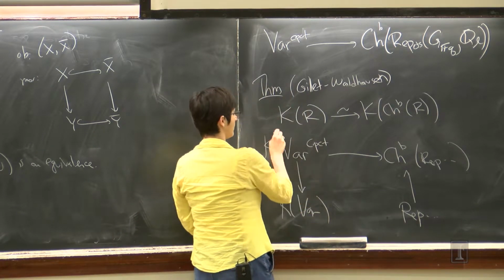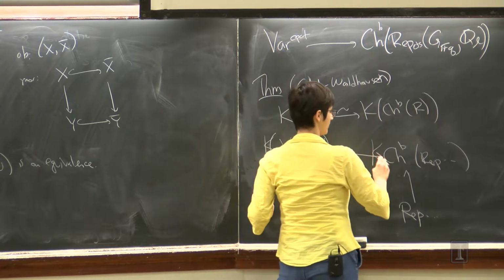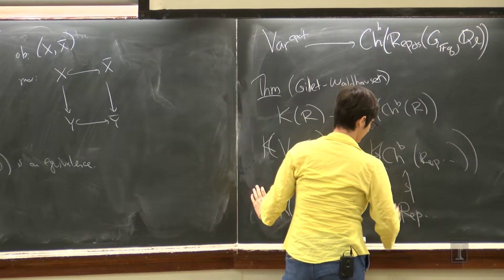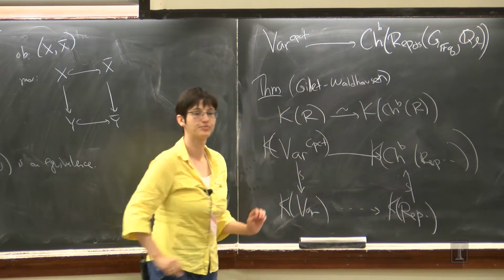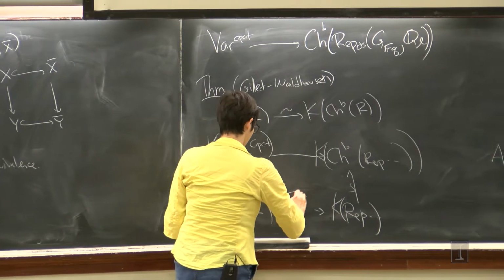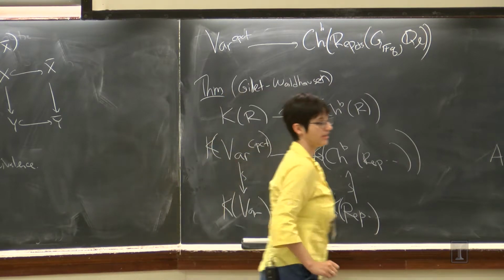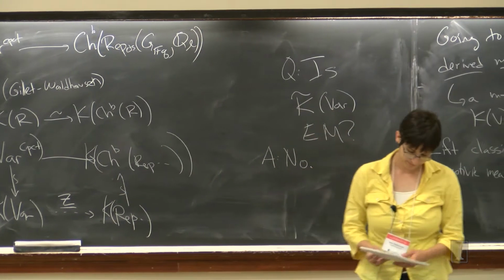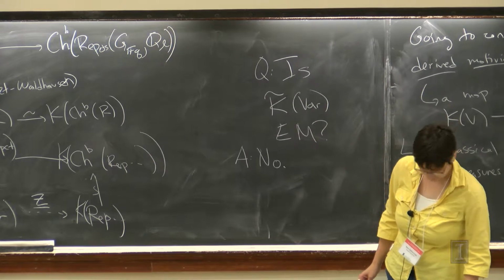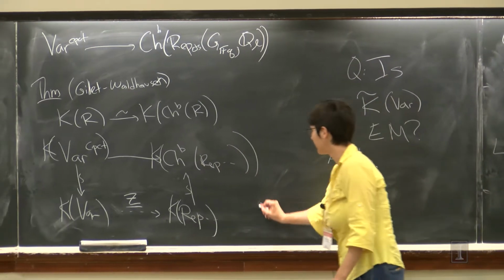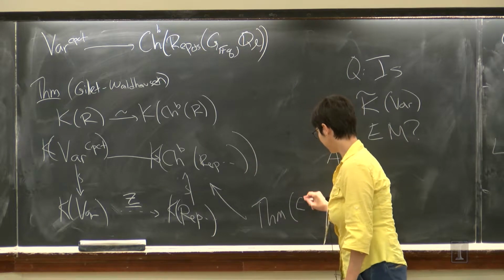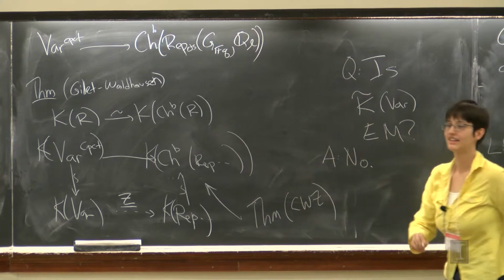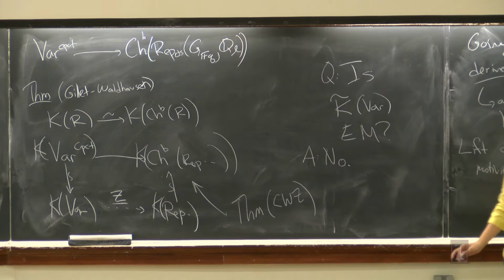So once you apply K-theory here, this is an equivalence, this is an equivalence, and so we can pretend that we have a map here. And that is the map that we are going to call zeta. And this is the theorem, this diagram. Like, that's actually true, so it's a theorem.